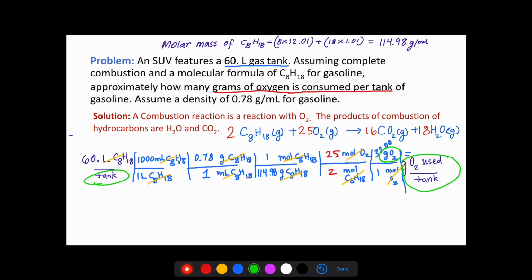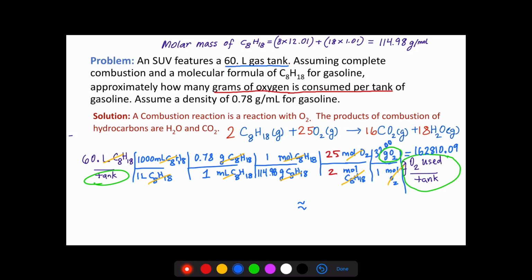Okay, and if you go ahead and calculate the number, I got 162,810.09, that many grams of oxygen. Okay, so let's rewrite that. We have to round off to 2 significant digits, because there are 2 significant digits in both these numbers.